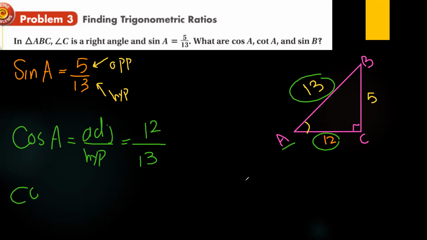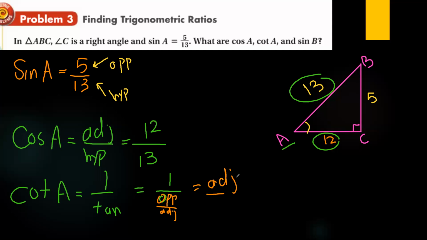Now let's find cotan A. Cotan, from the reciprocal functions, we know that it is 1/tan. And I know that tan is opposite over adjacent, so the reciprocal of it will be adjacent over opposite.